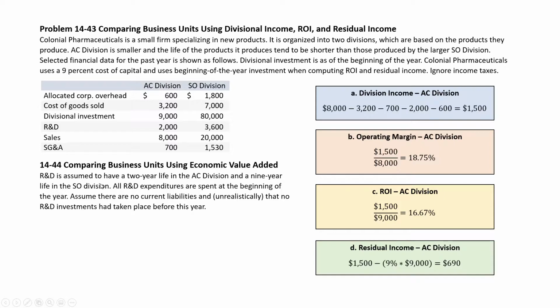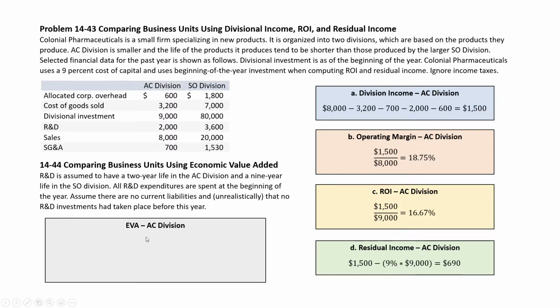In fact, they tell us that R&D is assumed to have a 2-year life in AC and a 9-year life in SO. And again, if we're using normal accounting conventions, all of the R&D was expensed right away like we saw in our divisional income. So I need to make 2 adjustments for EVA.